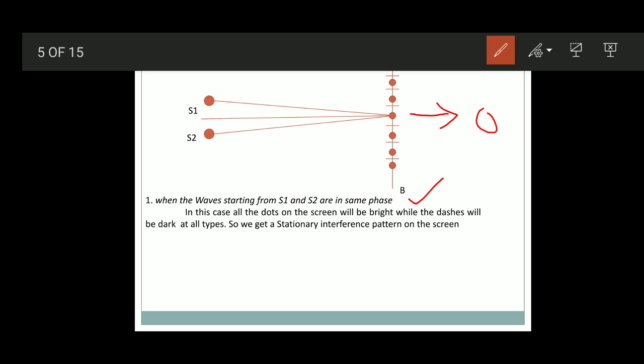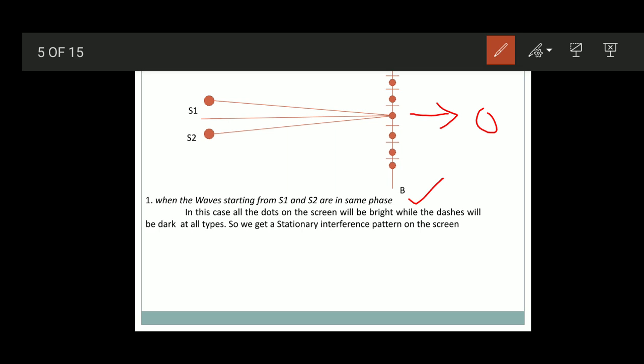If S1 and S2 are in the same phase, we can see the dot is a bright fringe, and all the dots are bright fringes, and all the dashes will be observed as dark fringes. So in this case all the dots on the screen will be bright while the dashes will be dark at all times.